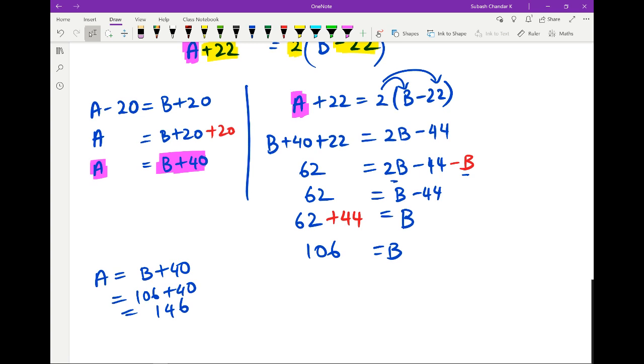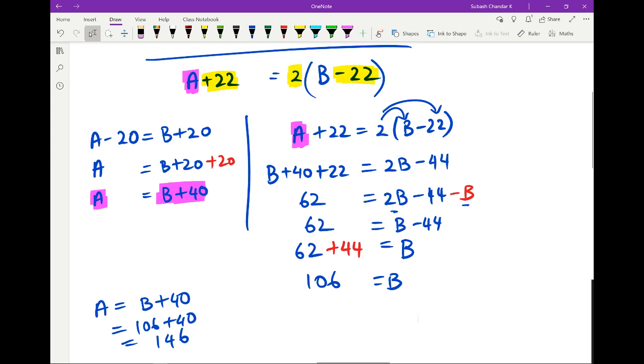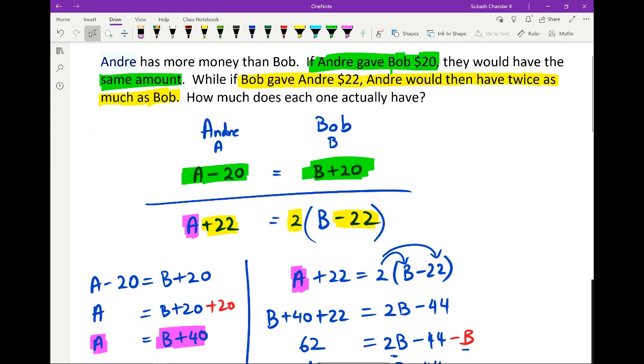Now guys, at this point you can actually check your working. All right, if you go back, we've actually said that Andre is getting $146 and Bob is actually getting $106. Now if you look at these numbers, it actually makes sense, because if Andre actually gives $20 to Bob, then Bob goes to 126 and Andre actually drops to 126 as well, which means they will have the same money.